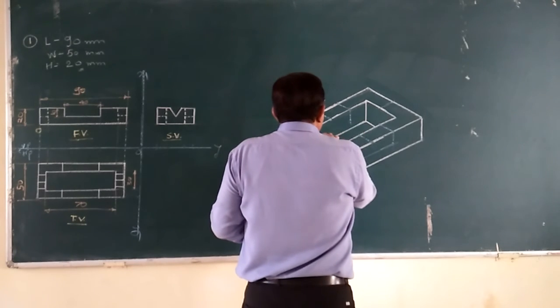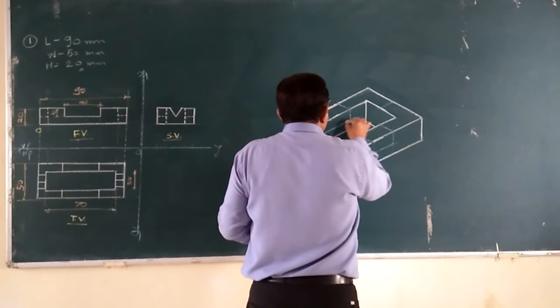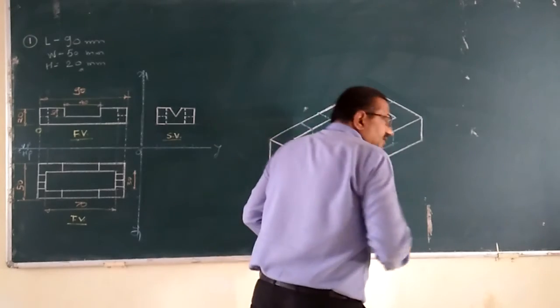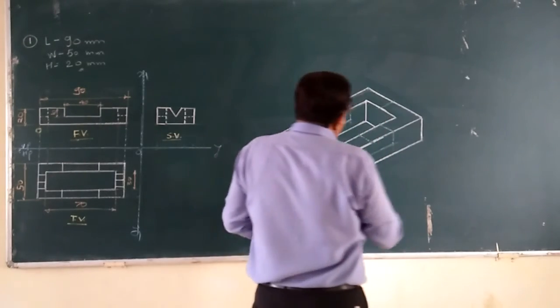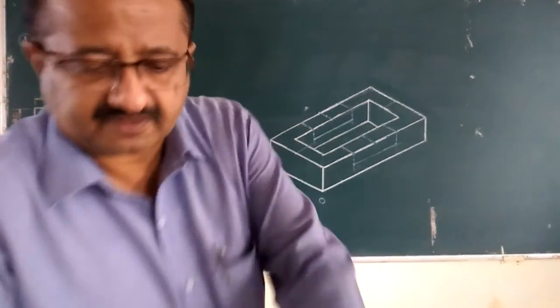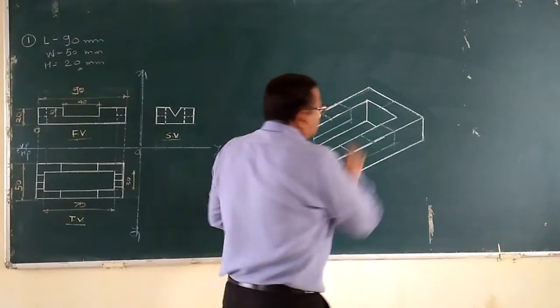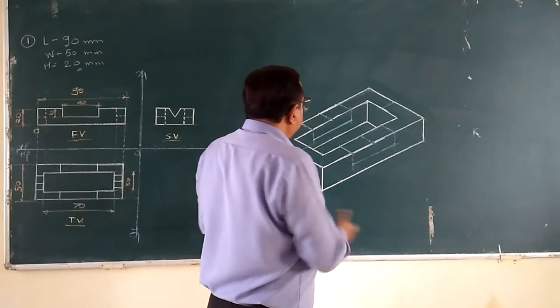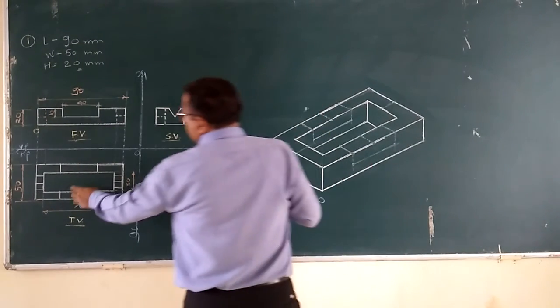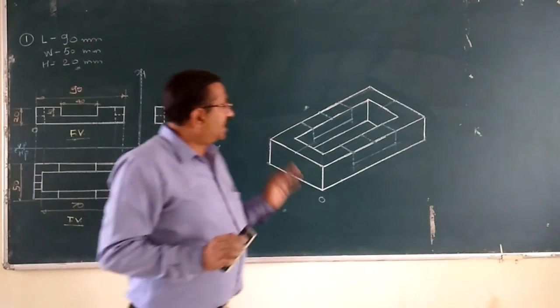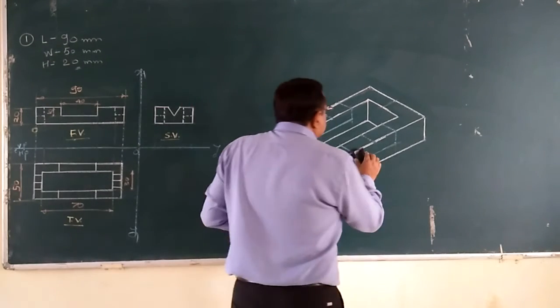Half of this wall lengthwise we are going to cut by sawing, removing it from the wall. Now I am going to rub out this much part, and then only we can get the effect. See here what I am going to do. I have to erase these lines.